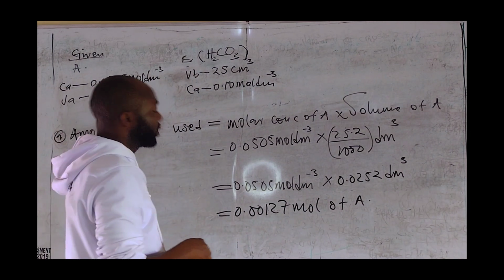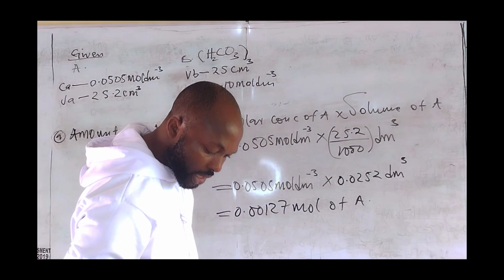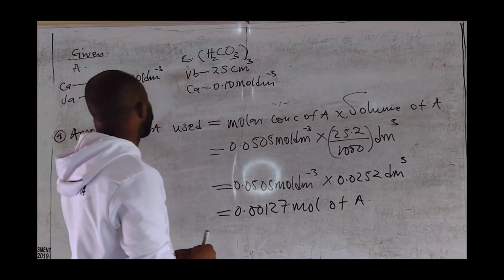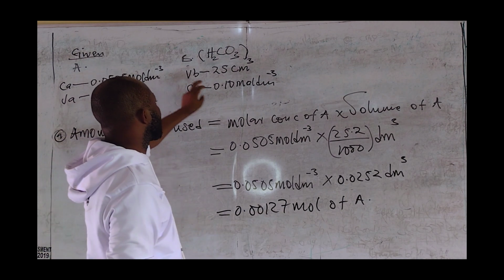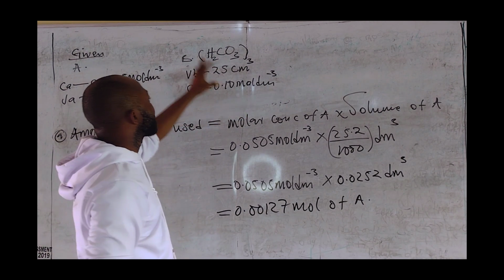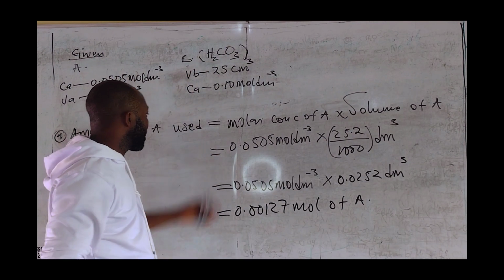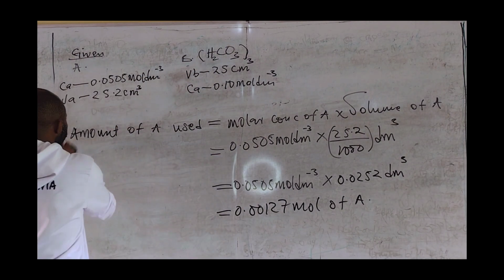Then the B, what is the question? The B says amount of base used. Now amount of base is also direct, which is the molar concentration of the base times the volume of the base. So we proceed further.